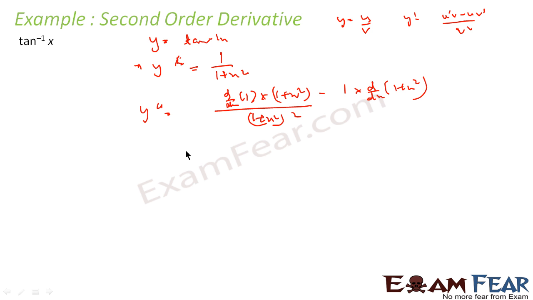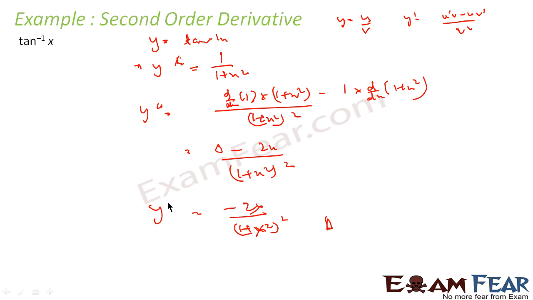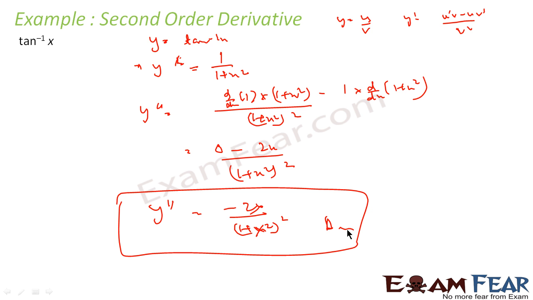Correct? So this comes out to be 0 into 1 plus x square, 0, minus this becomes 0 plus 2x, that is 2x by 1 plus x square whole square, and that is my answer, minus 2x by 1 plus x square whole square. Correct? So what we have done, y double dash is this value. Very simple to find.